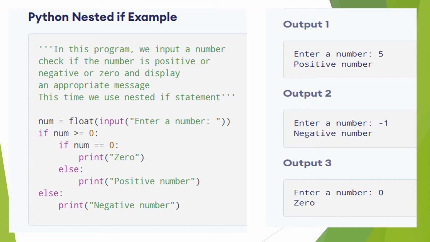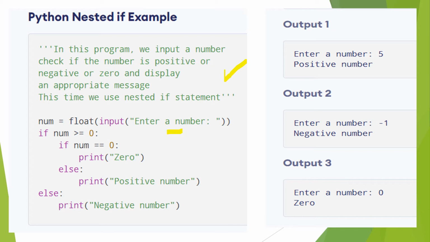So look at your screen. We have here a program. We input a number, check if the number is positive or negative or zero, and display an appropriate message. This time it is using nested if statements. num equals float input, enter a number.